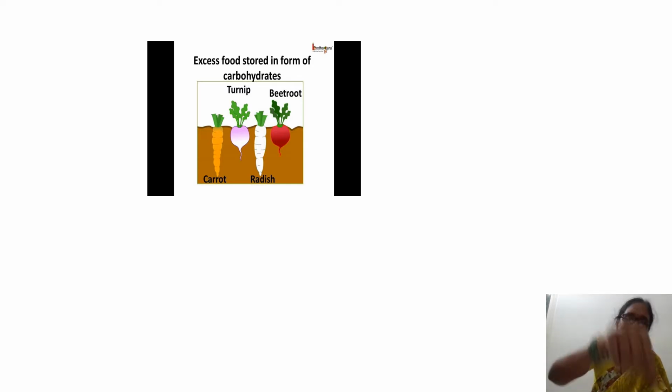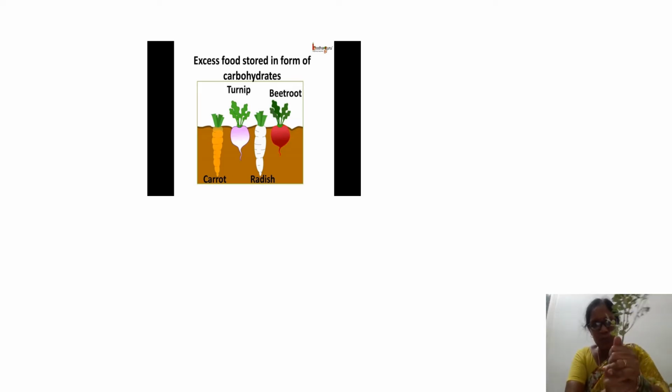In addition to anchoring the plant to the soil, it's doing an extra function, storage. So a root is modified to store food. Not only storage, roots can do some more additional functions.